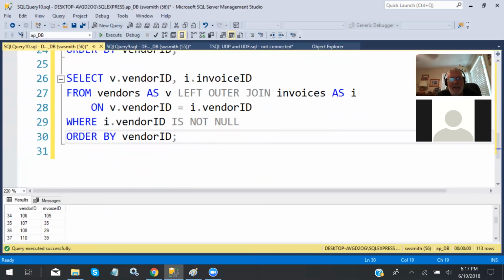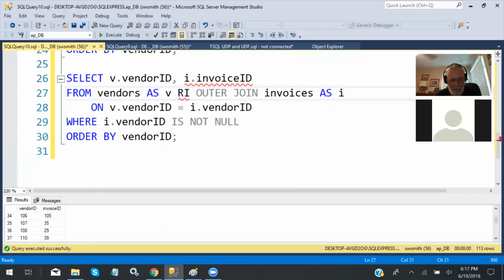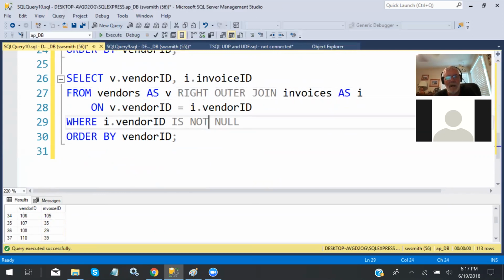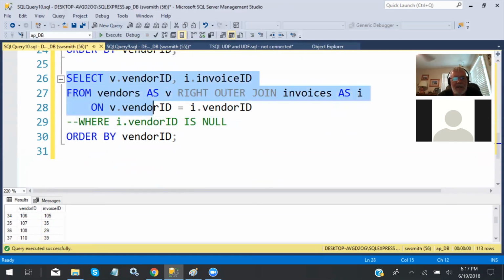Now, if I change it to a right outer join where vendor ID is null, let's take a look at this one before I put the where clause on it. If I take the right outer join, now what am I seeing here?